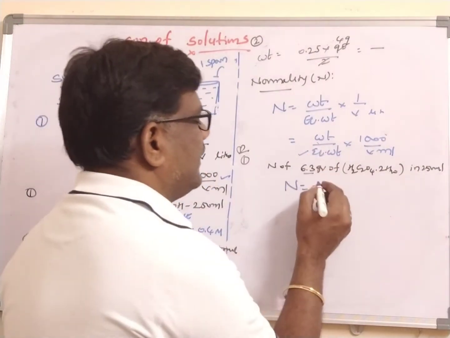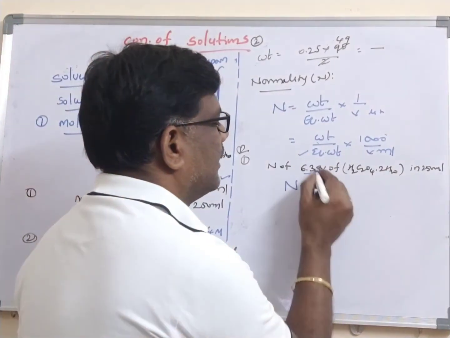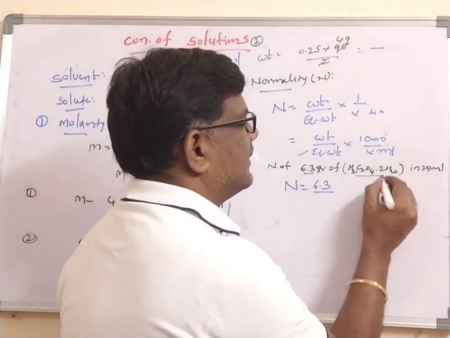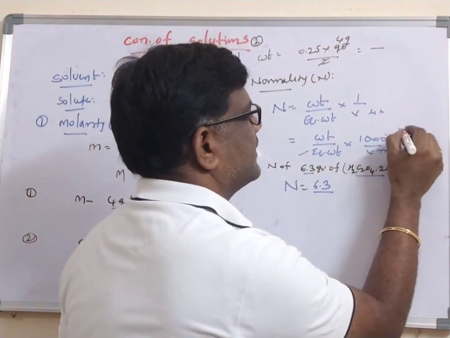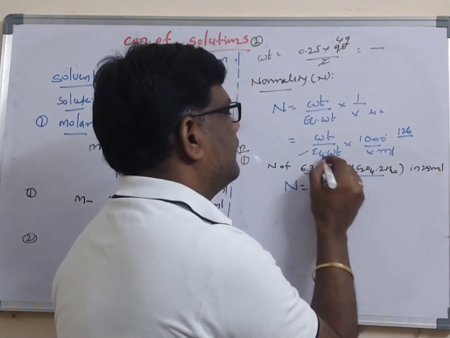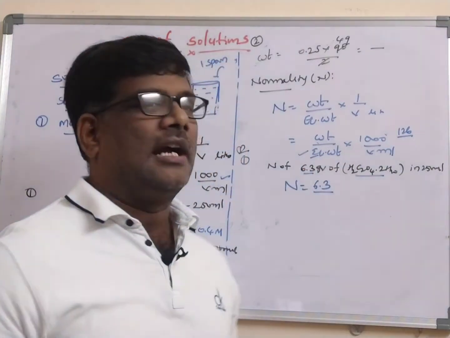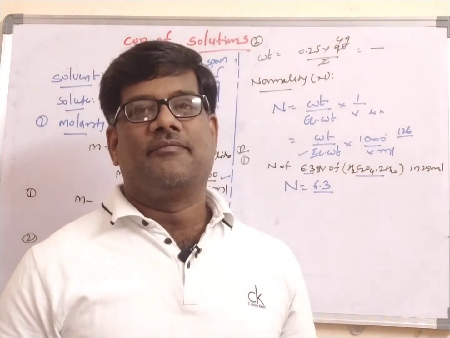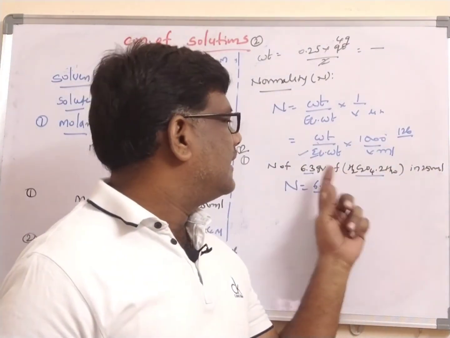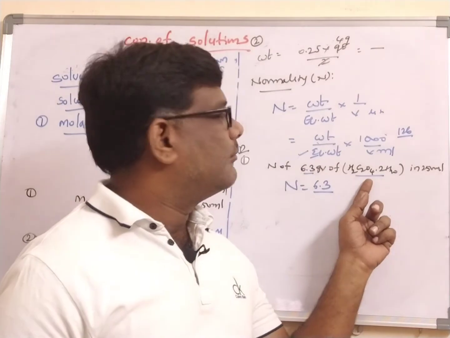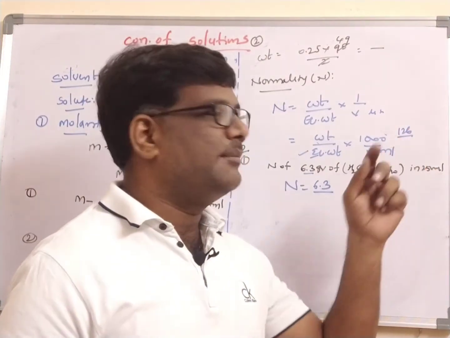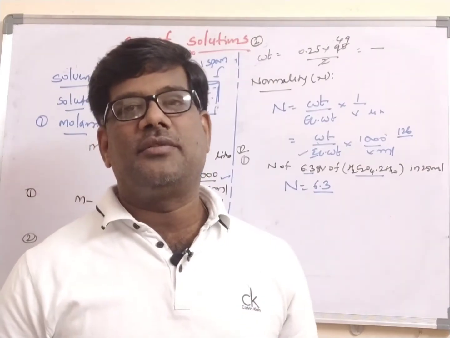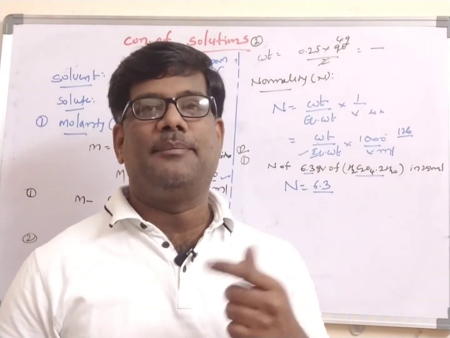Here the weight is 6.3, and the equivalent weight of the oxalic acid: the molecular weight of oxalic acid is 126, and what is the equivalent weight of an acid? The molecular weight of the acid divided by the basicity. What is the basicity? The number of replaceable hydrogens in that acid is called the basicity.